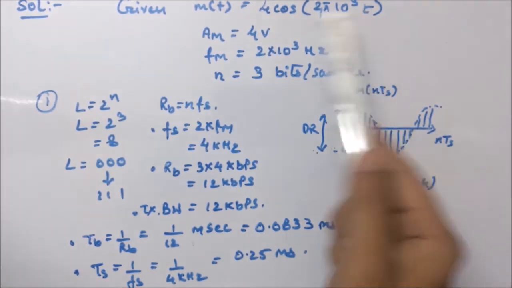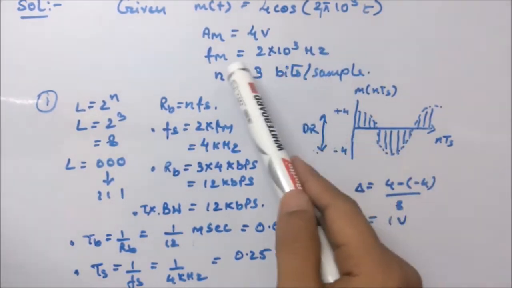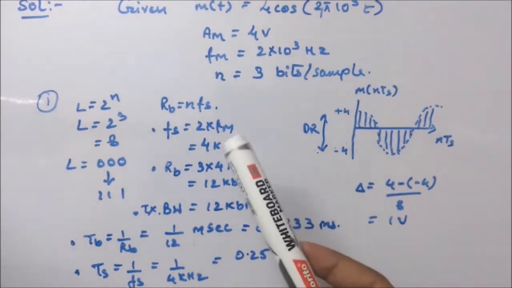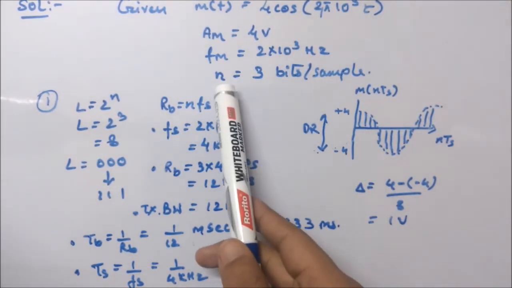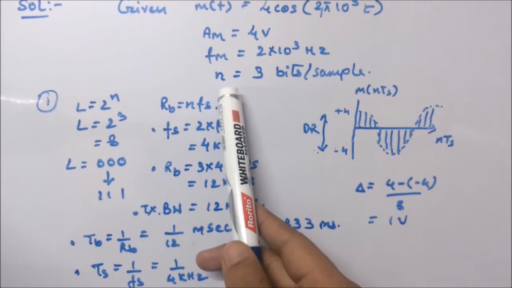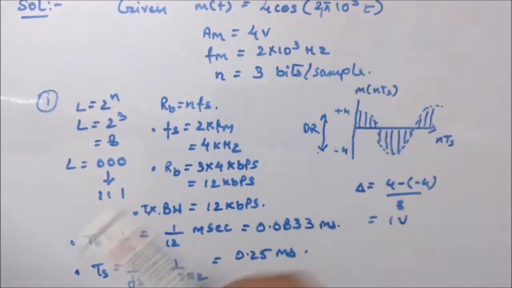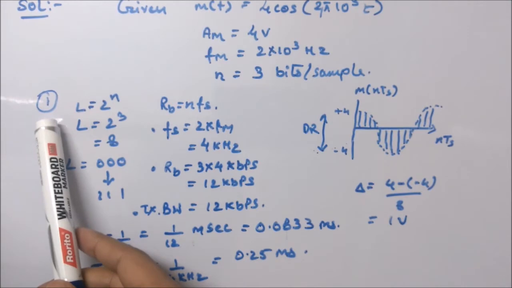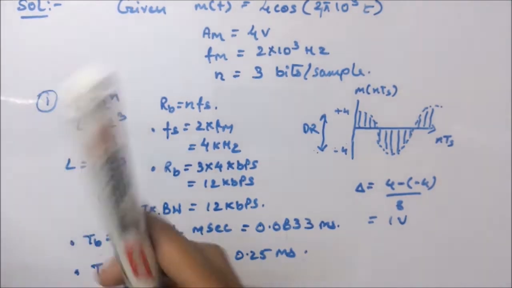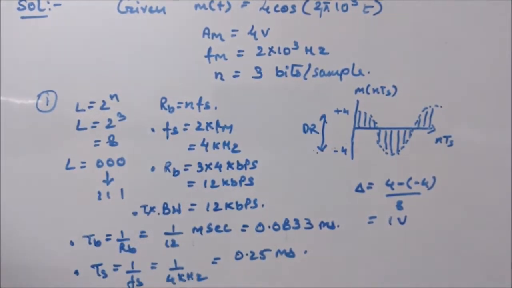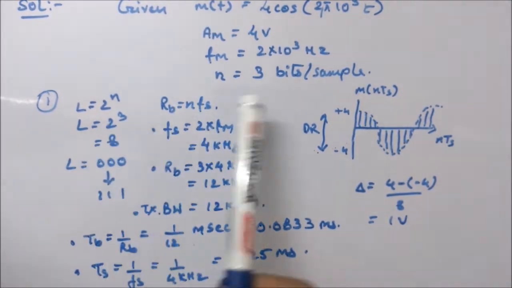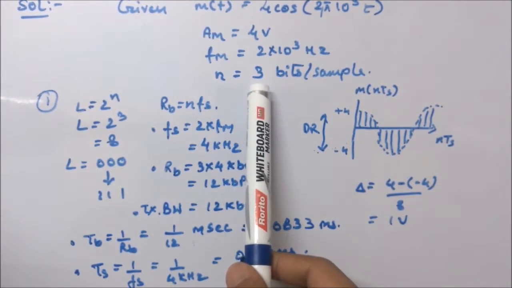If you extract 2π, the remaining will be your frequency. One more thing given to us is the value of small n, equal to 3 bits per sample. So we will approach our first problem, that is, calculating the parameters of PCM.